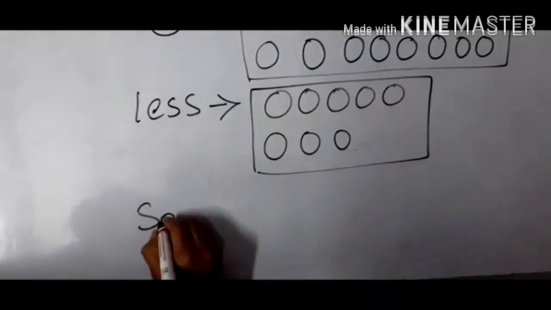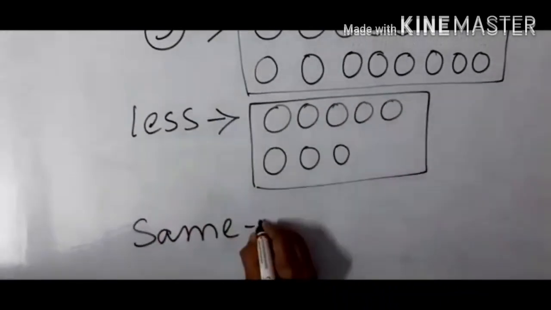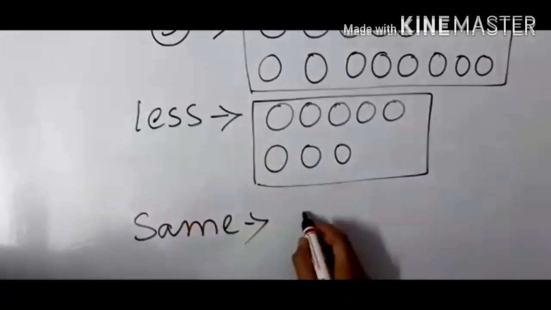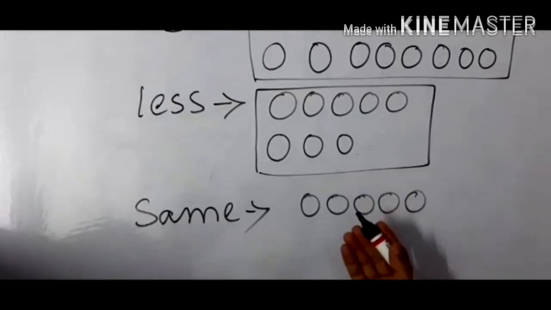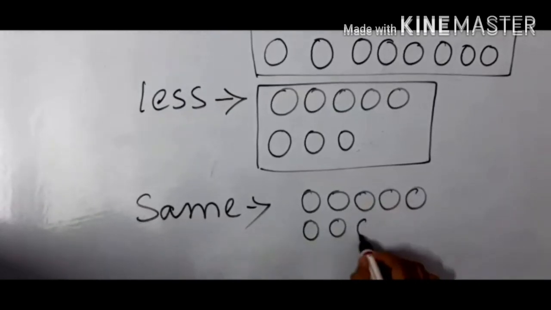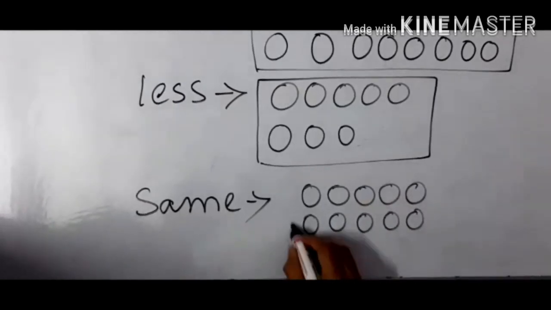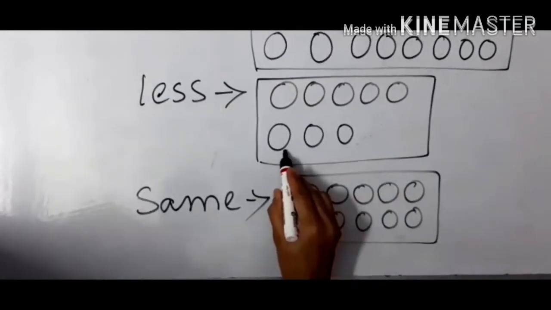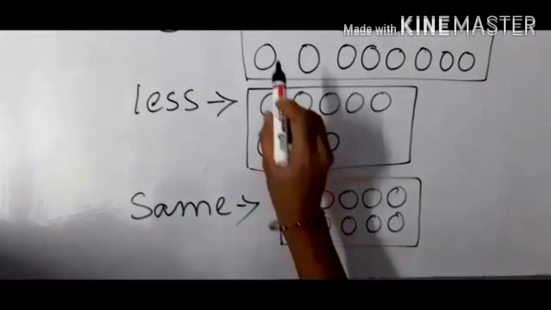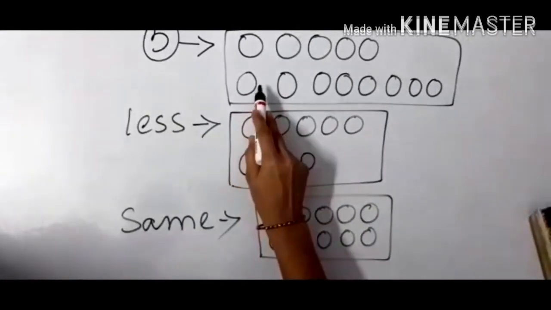Now say the number is 5 now. So first you take 5. Same means what, children? Again you have to draw 5 only. This is making same. This is making less than 5. This is making more than 5.